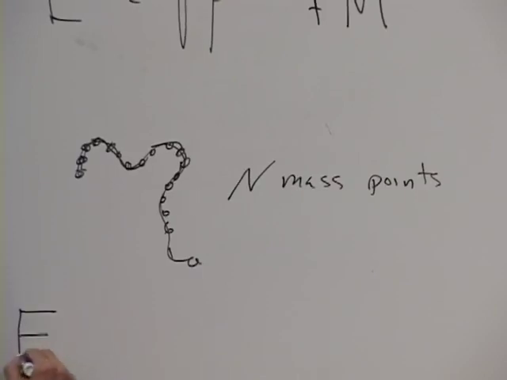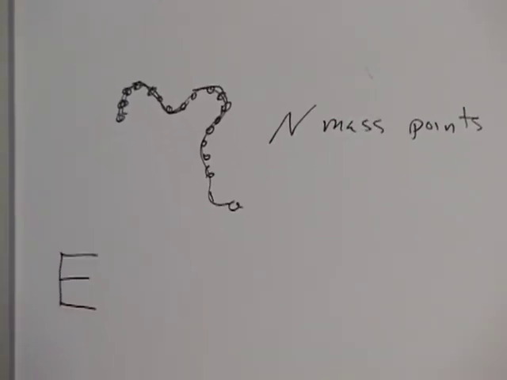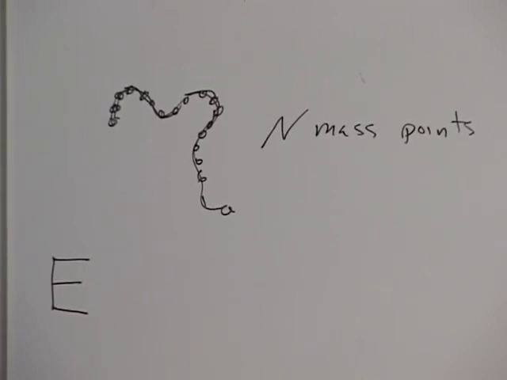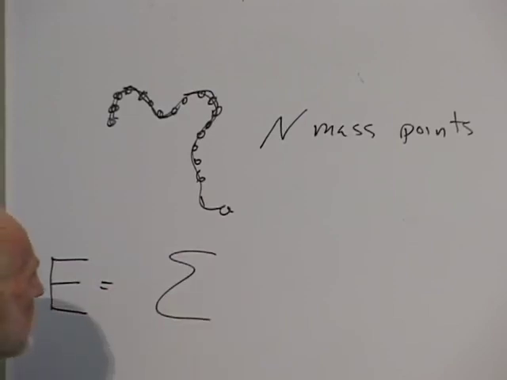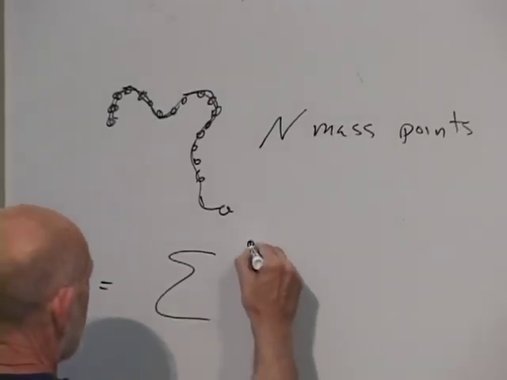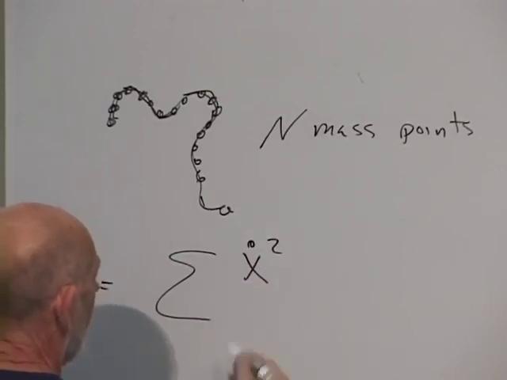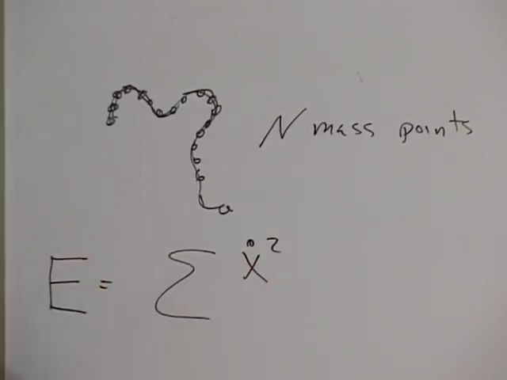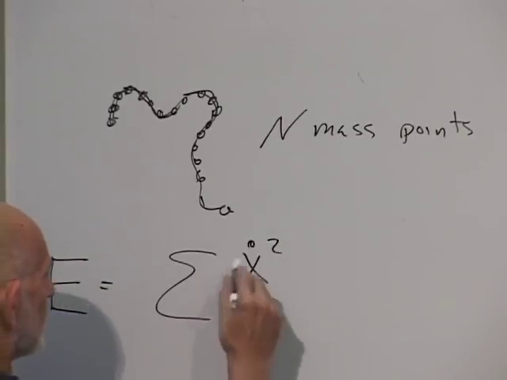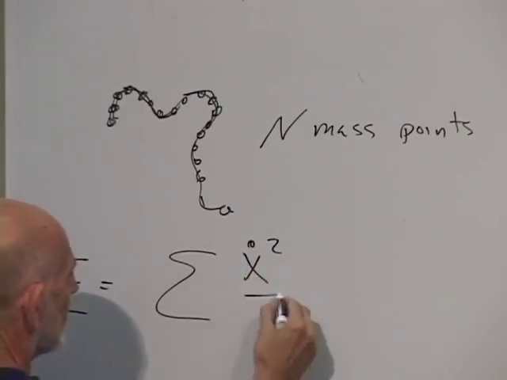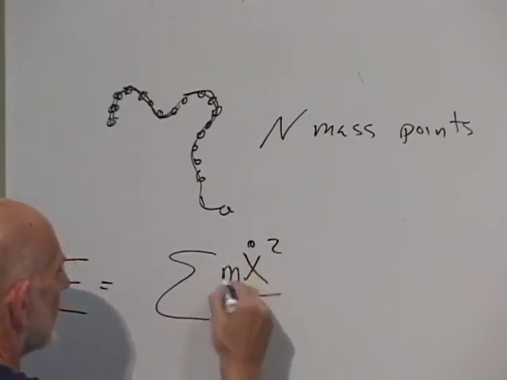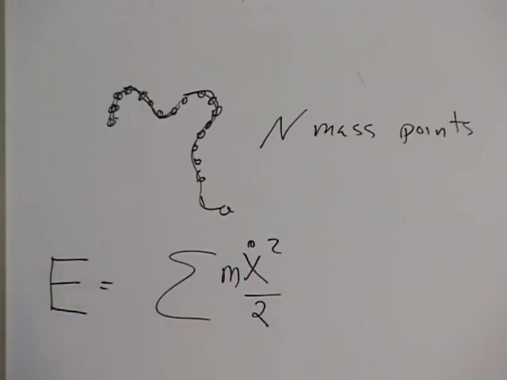This is now non-relativistic physics. Each particle has a kinetic energy. It's a sum of all of the particles. The kinetic energy is x dot squared times its mass over 2. I'll get that right eventually. Mass over 2.